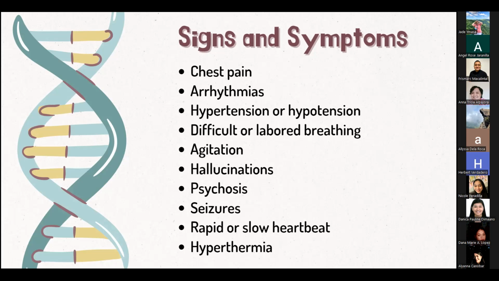Difficult or labored breathing, agitation, where you are paranoid and restless, hallucinations, where you see and hear things, psychosis, where you feel like you are going crazy, seizures, where your whole body shakes, rapid or slow heartbeat, where your heartbeat is too fast or too weak. Then hyperthermia, or you feel extremely hot.